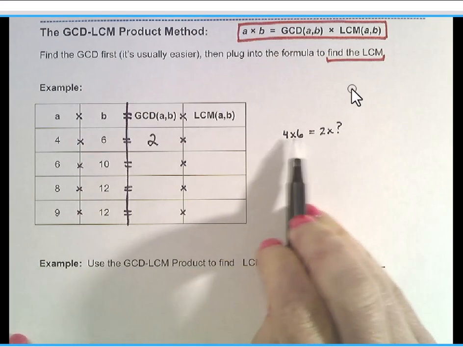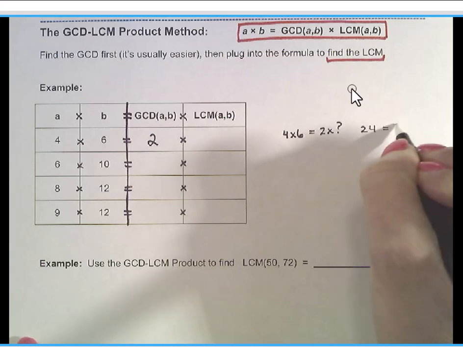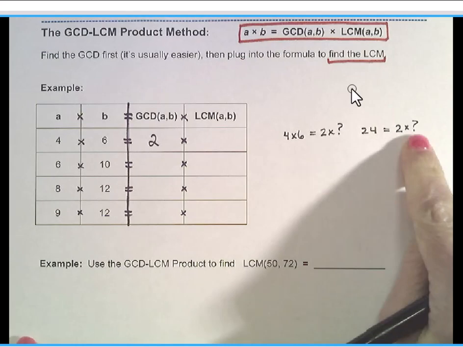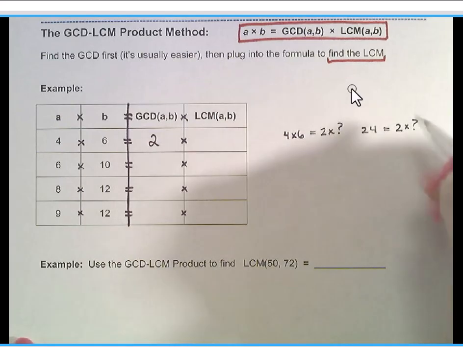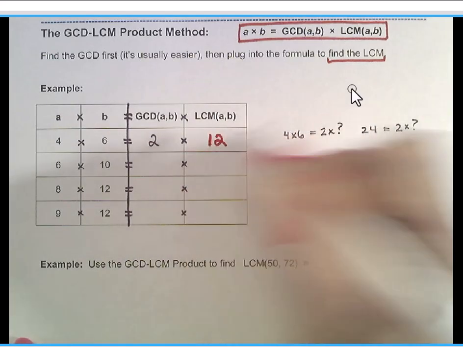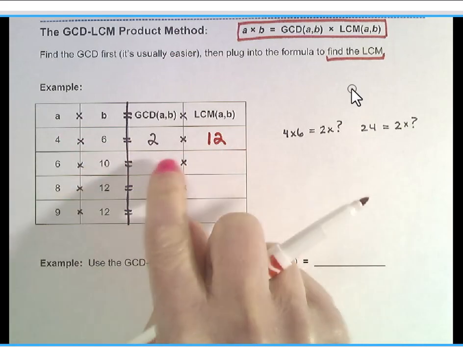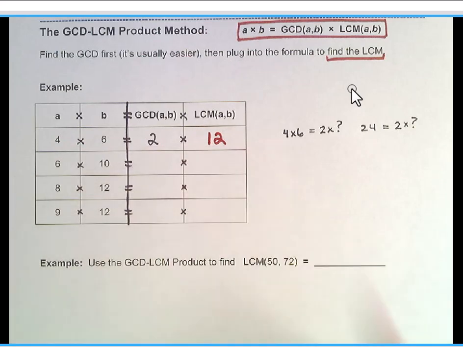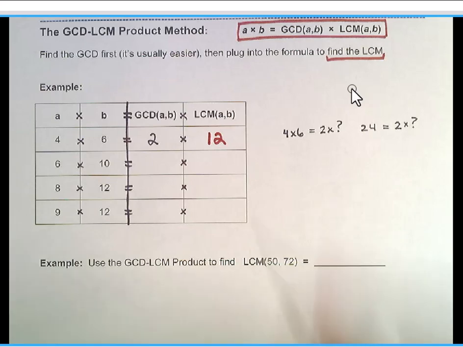Well, 4 times 6 is 24. So we're looking at 24 equals 2 times what? It would be 12. The only way to make these two sides equal is if you put a 12 right there. That way you get 24 on the left and 24 on the right. So now we know the GCD is 2, the LCM is 12.